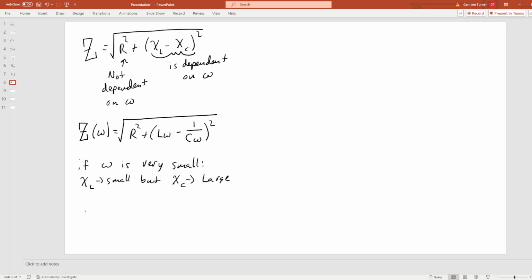So for very small omega, it becomes approximately that Z becomes the square root of R squared plus chi sub C squared.